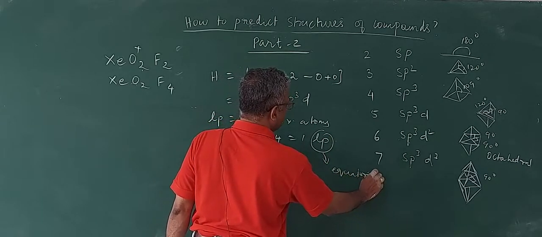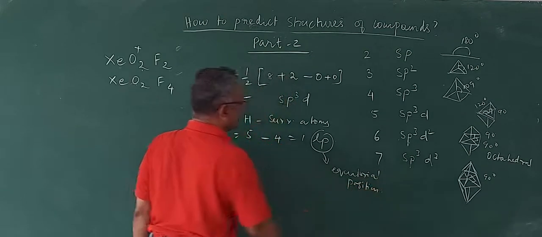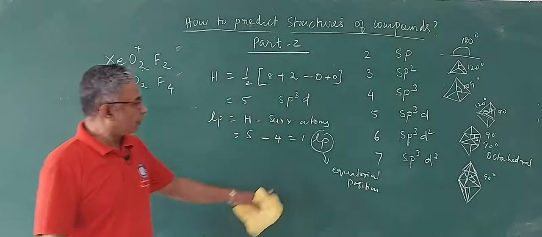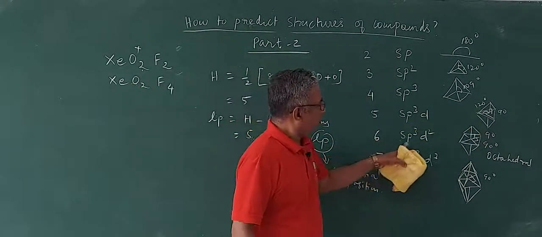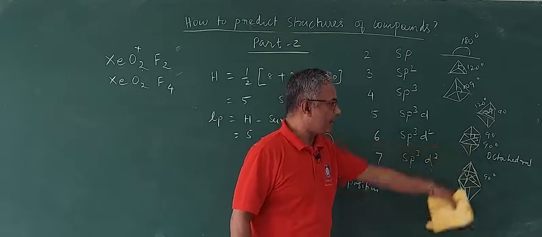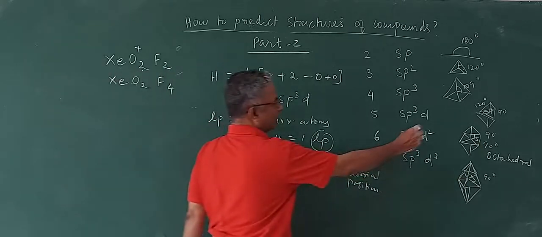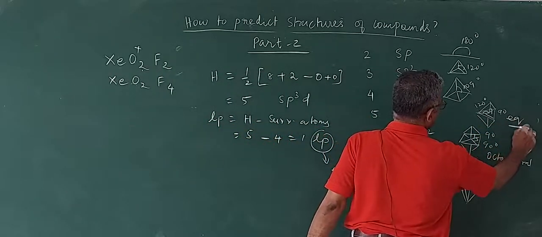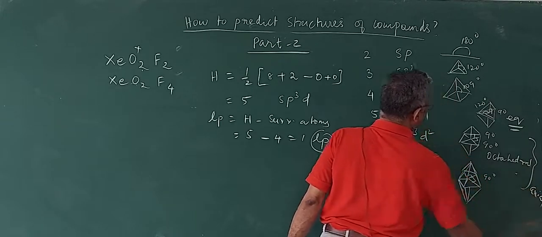This is an important point you have to remember. In the trigonal bipyramidal structure, the lone pair will occupy the equatorial position. In the octahedral and the pentagonal bipyramidal, the lone pair will occupy the axial position. That you have to remember. So this will be the equatorial position, and these two will be axial positions.